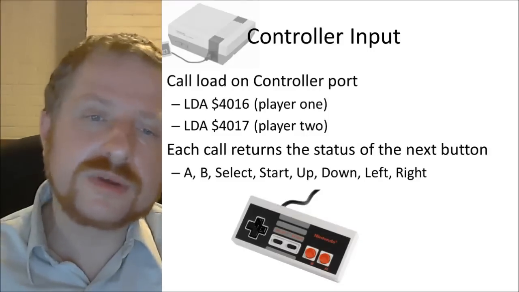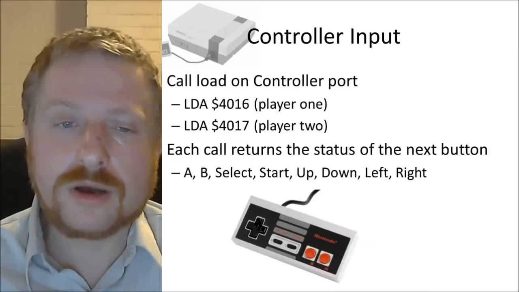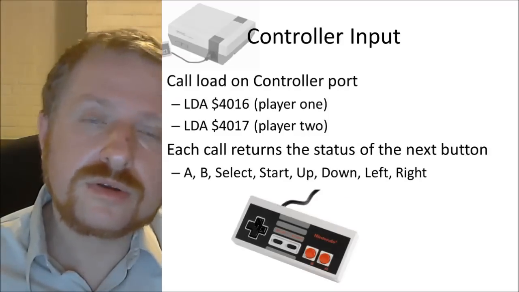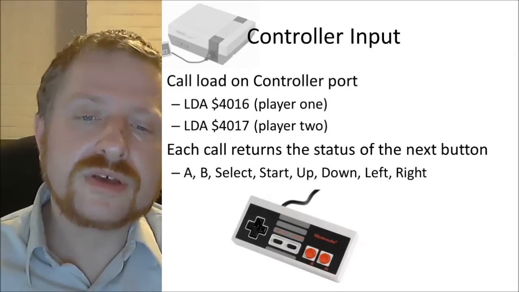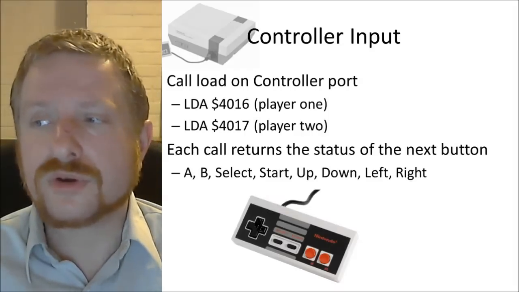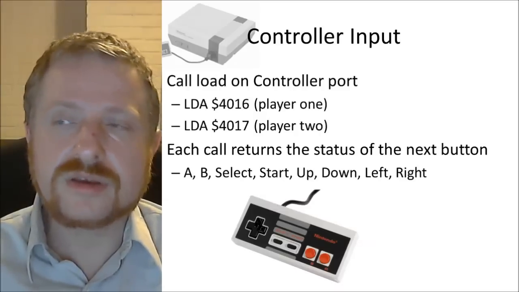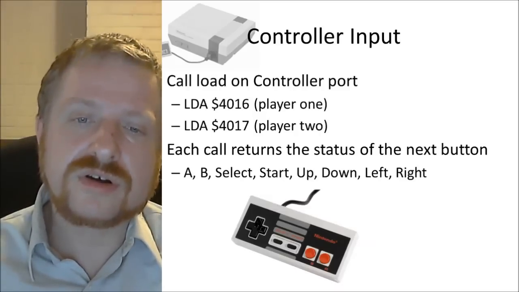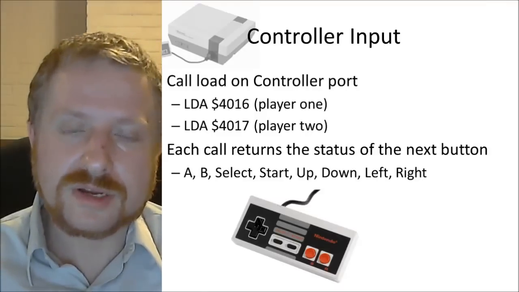The first time you do a load, it'll give you the status of A. If A is pressed, it will give you a non-zero value, not necessarily 1, but a non-zero value. If it is not pressed, it will return 0. The next time you call it, it's going to give you the status of B. Call it again, it'll give you select, then start. Then it'll start giving you the statuses of the presses on the control pad: up, down, left, and right.